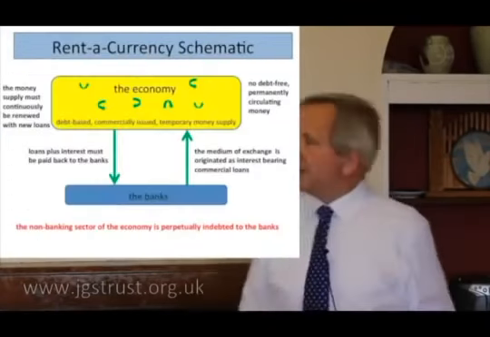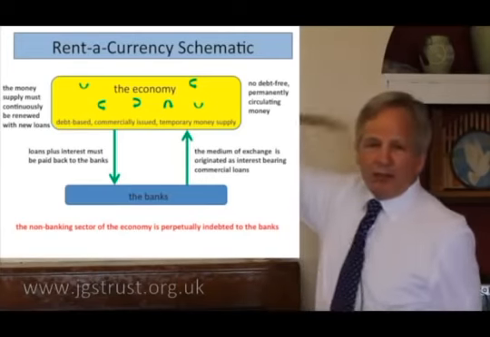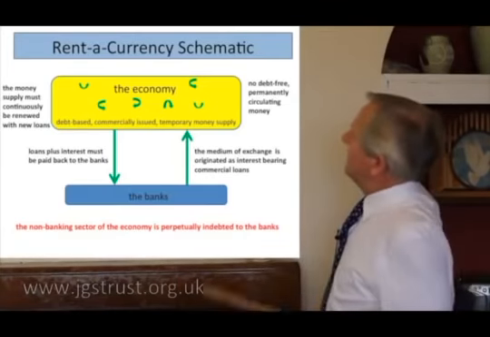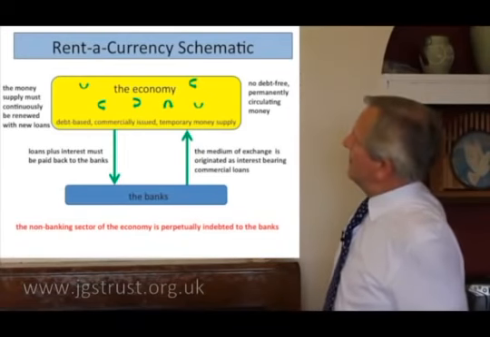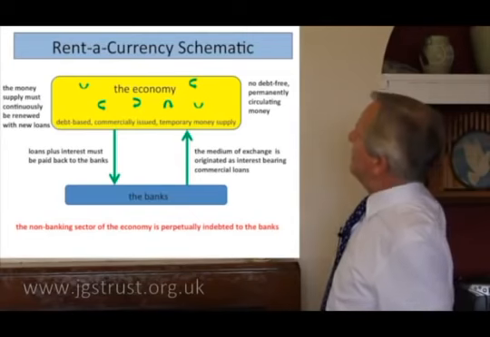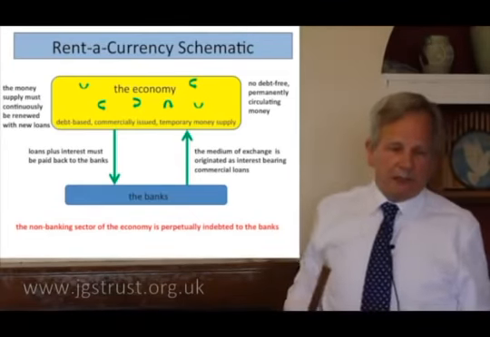Let's look at it schematically. Well, here's us in the economy. These arrows mean the money's going round and round. And what goes round and round up there is digits in banks' computers, and none of it is debt-free and none of it is permanent.